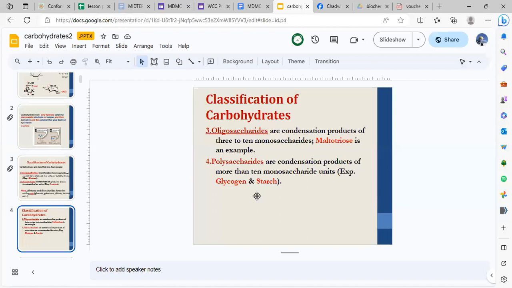Maltotriose is an example. And then if you have glucose units combined, if you have more than 10 glucose units, actually it's more than 1,000, you have starch in plants, and you have also glycogen.